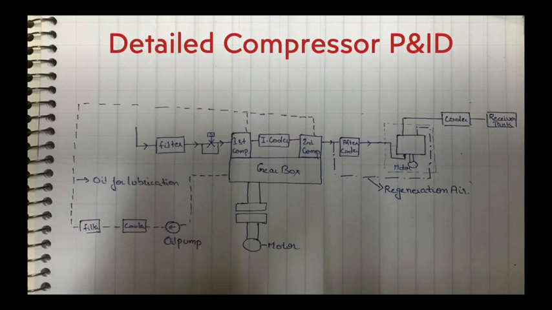The output of the dryer, which is the instrument air having a dew point of close to minus 40 degrees Celsius, is sent to the cooler again to reduce its temperature, and finally to the receiver tank. From the receiver tank, the air will go to the different places as required in the plant system.